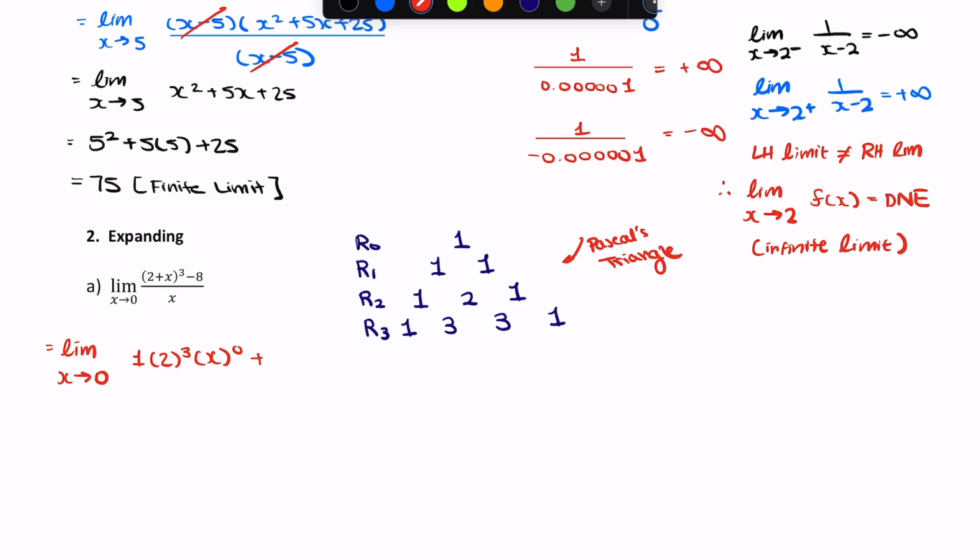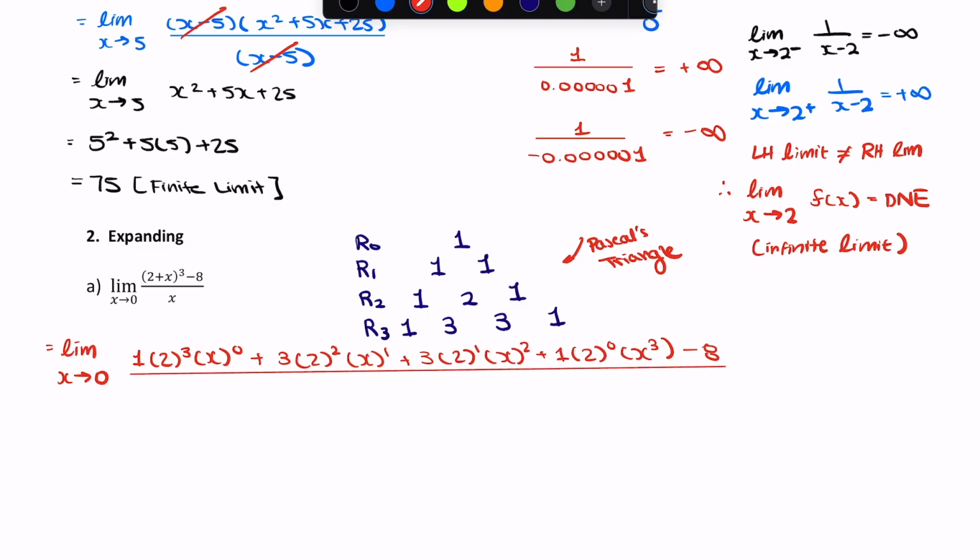So the second one here, the coefficient is 3, 2 squared x to the power of 1, plus 3, 2 to the power of 1 x to the power of 2, and 1, 2 to the power of 0 x to the power of 3. And then at the end, there's the negative 8, and this is all over x.